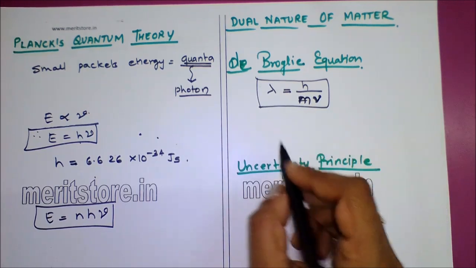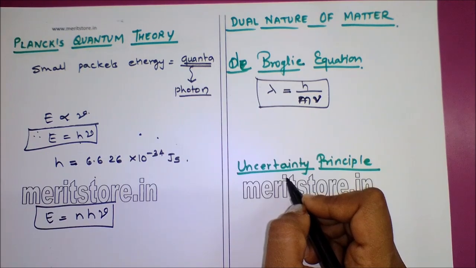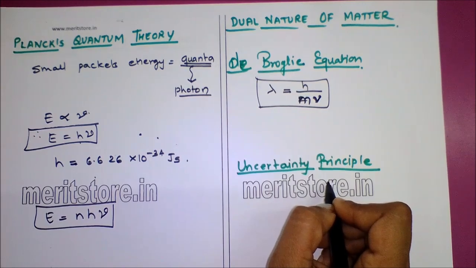But according to Heisenberg's uncertainty principle, it is not possible to measure simultaneously both the position and the velocity of a microscopic particle in motion with absolute accuracy or certainty.